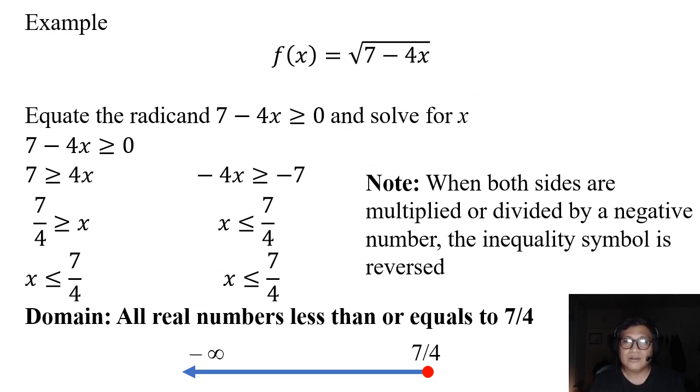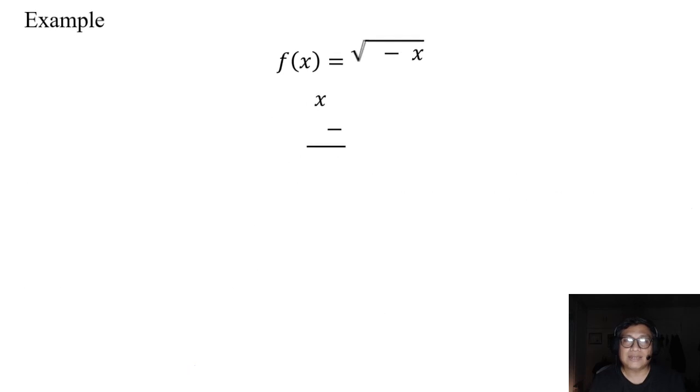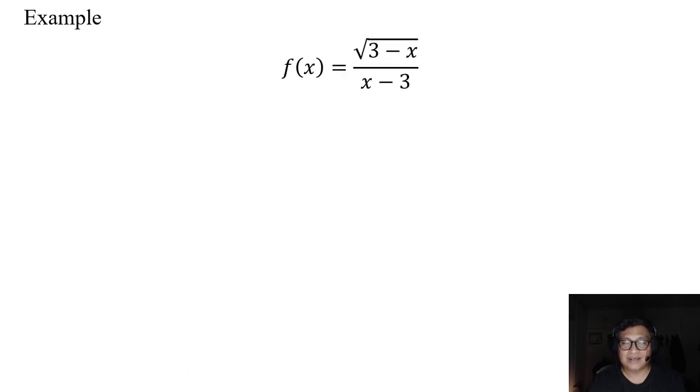Ayan. Now, sometimes, class, we are given combinations of the rules, especially rule number 2 and rule number 3. Now, remember that for rule number 2, we have the functions in the denominator, and that will be the exception.